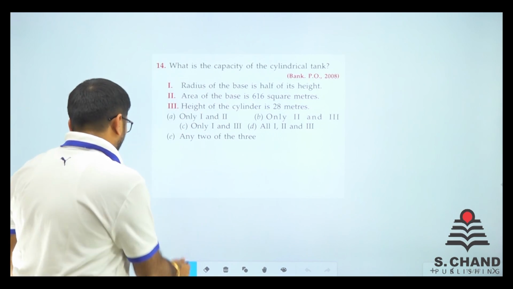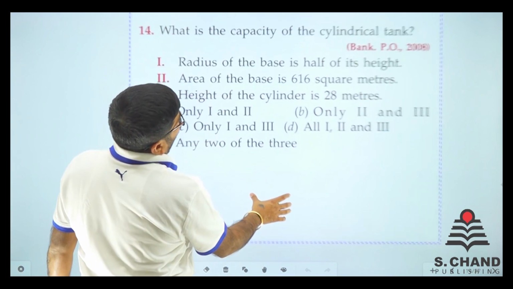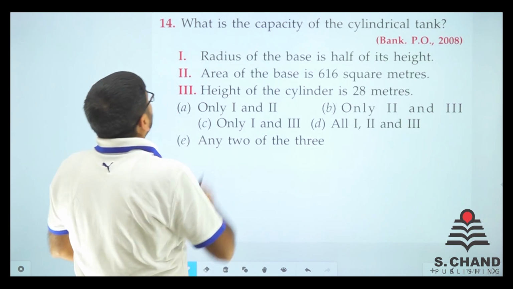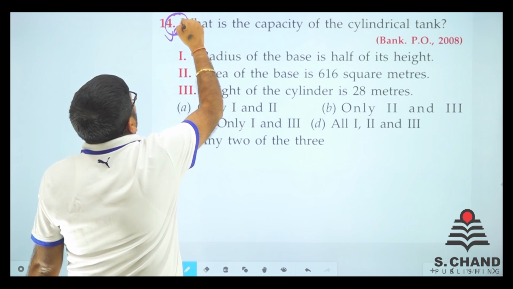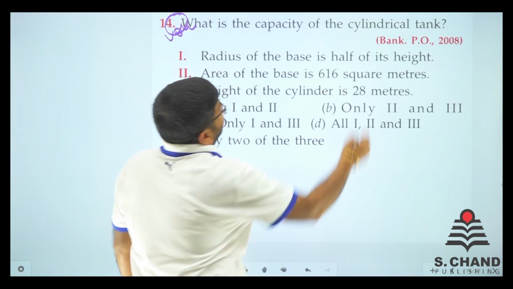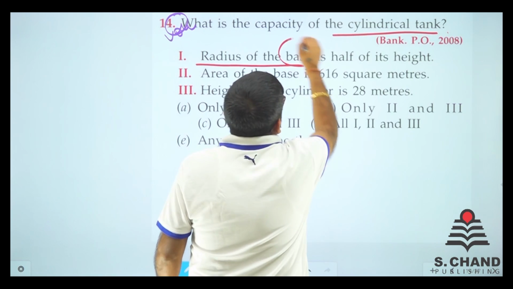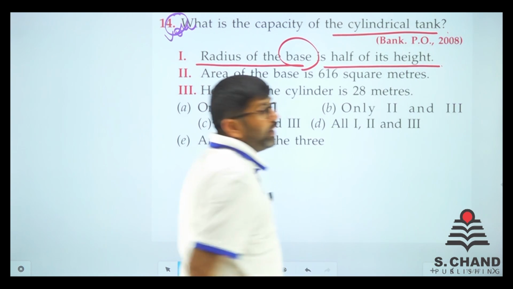Here we go, question number 14, a previous year bank PO question. Let's see what it says. What is the capacity of the cylindrical tank? Capacity means we need to find the volume of the cylindrical tank, right? The radius of the base is half of its height.